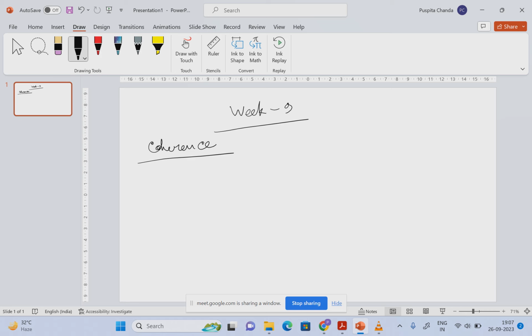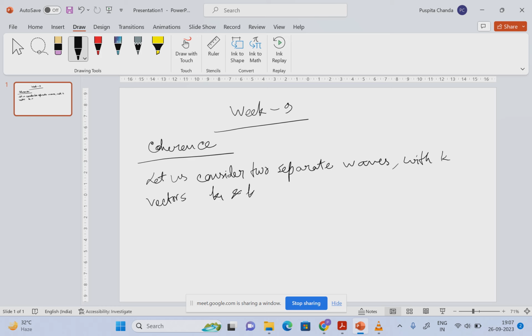So let us consider two separate waves with k vectors k1 and k2 and with angular frequencies omega 1 and omega 2.